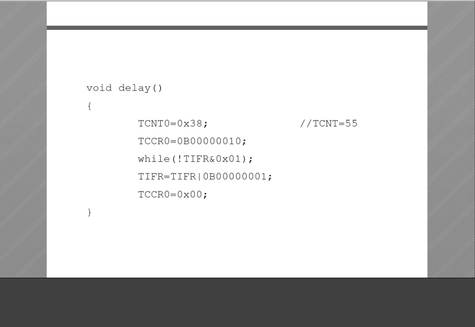We count 200 microseconds. Each step is 1 microsecond. From 56 to 256, where it overflows, the difference is 200. 200 multiplied by 1 microsecond means 200 microseconds.